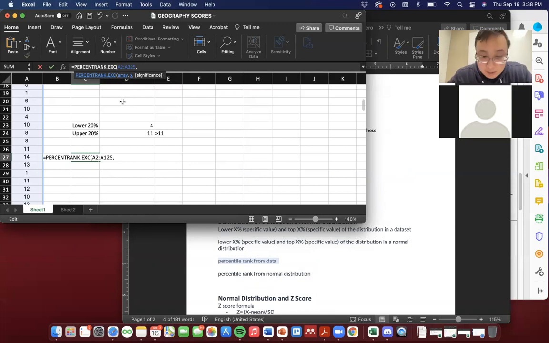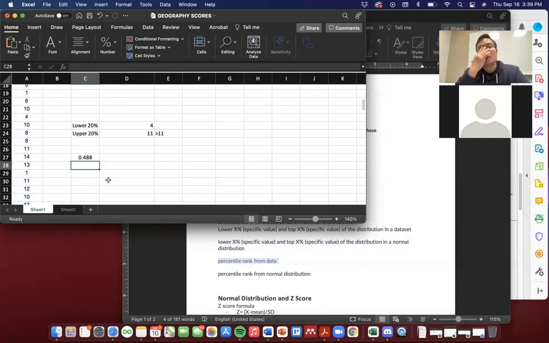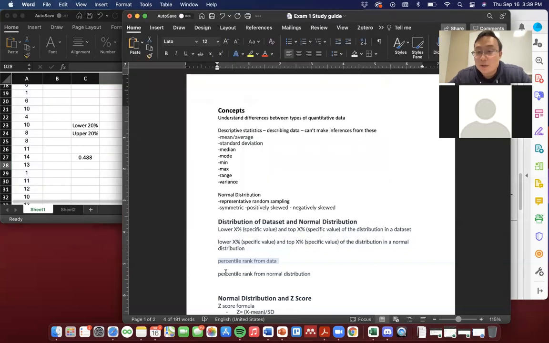So we're going to put 8 because we're referencing that data set, so it knows to pick out 8 in its distribution. So 44, or 48.8%, of people scored an 8 or lower. So that's percentile rank with data. Now we want to do percentile rank with normal distribution.